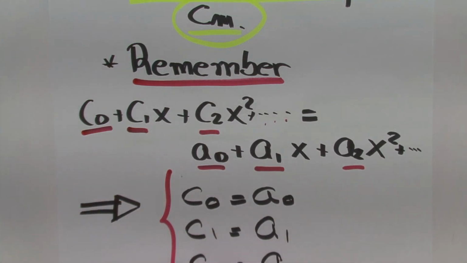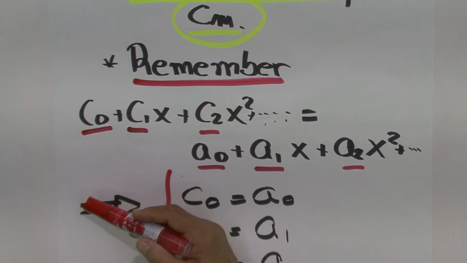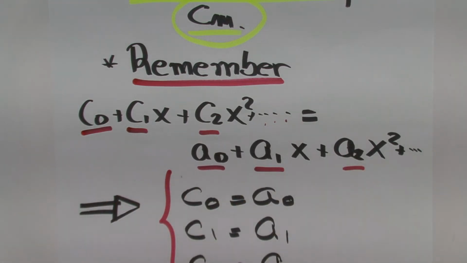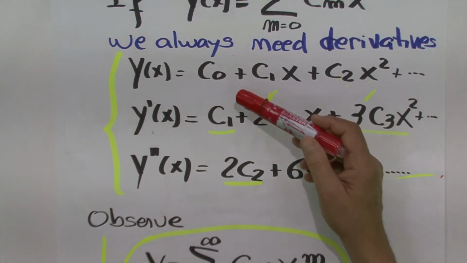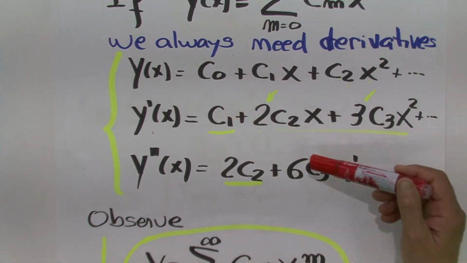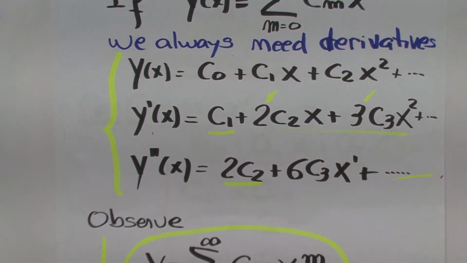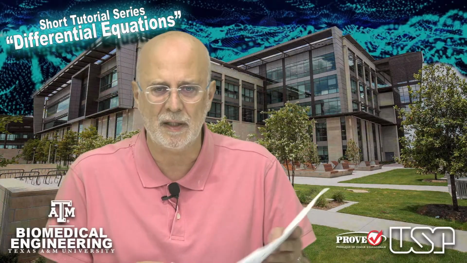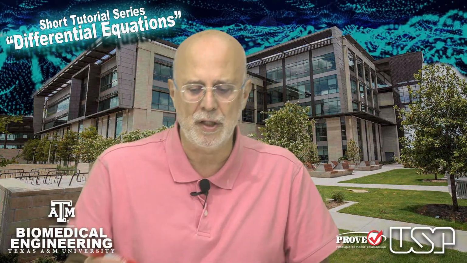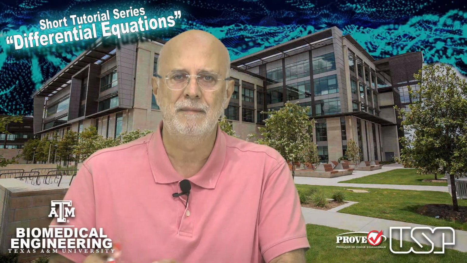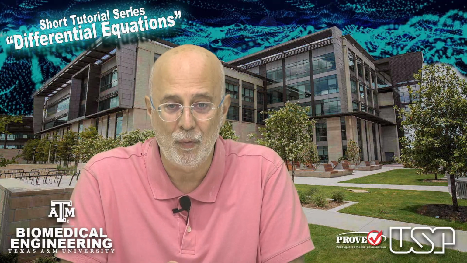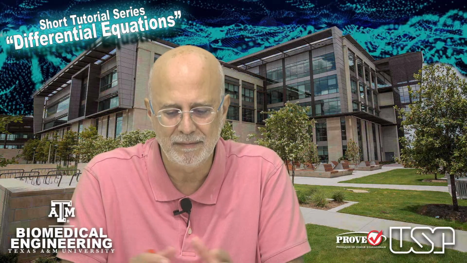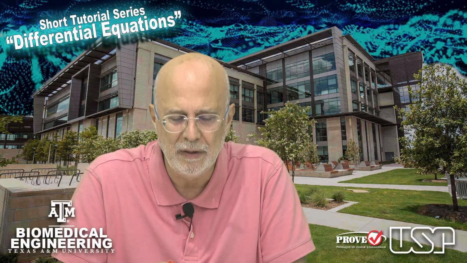And that's very interesting because the derivative mixes different coefficients. So we're going to mix C0 with C1, with C2, and so on. I'm going to have a relation between the coefficients, and normally those relations allow me to obtain what the real coefficients are. And once I know the real coefficients, I know the solution.